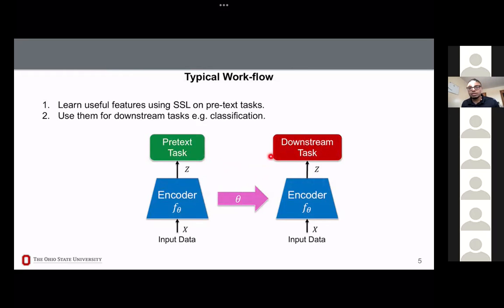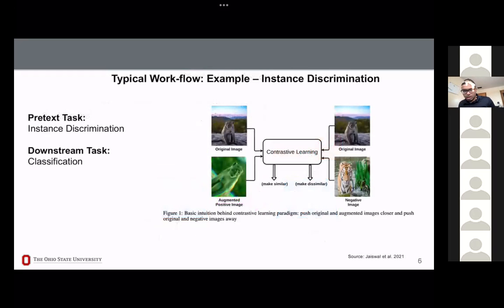A downstream task can be something like a simple classification problem. And let me show you an example to make it more concrete. Initially, in computer vision, this was the most popularly used pretext task. It's called instance discrimination, and the idea is very simple, demonstrated in this figure. On the left, you see a monkey's image, and below it is the augmented image.